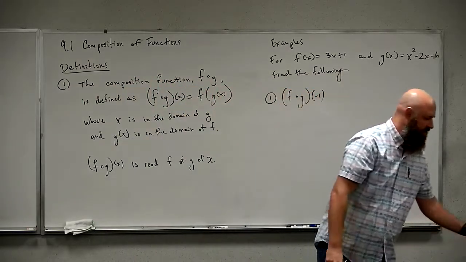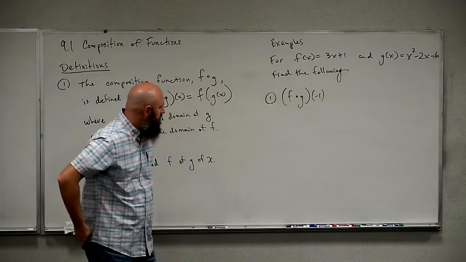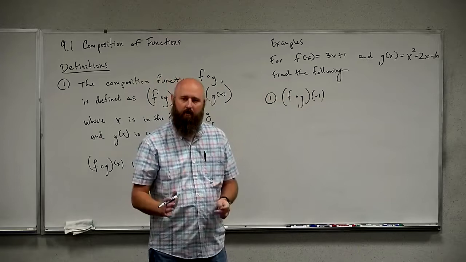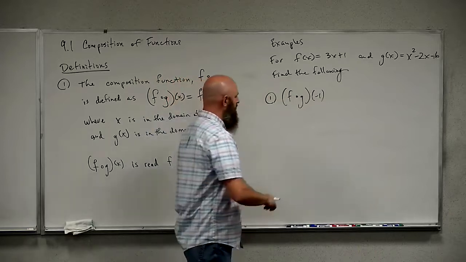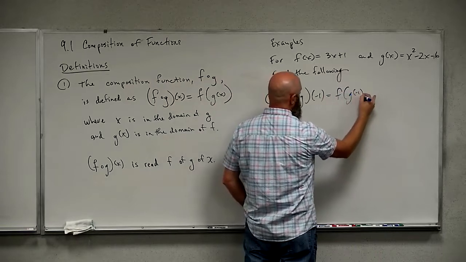Okay, so let's see how to break this down and work through these problems. All right, so the first thing that I'm actually going to do here, so it's a little bit easier to follow, is I'm going to break this down as f of g of negative 1.